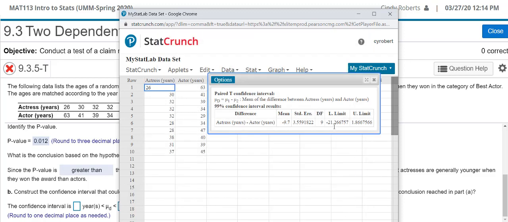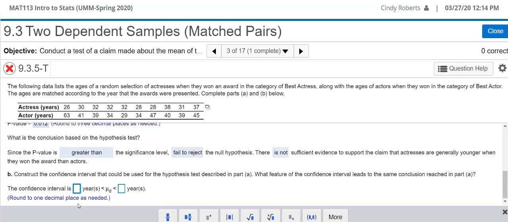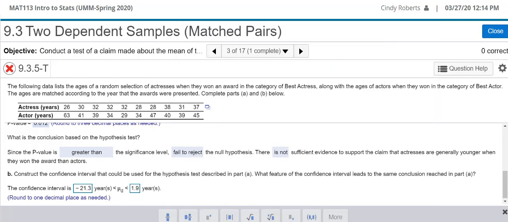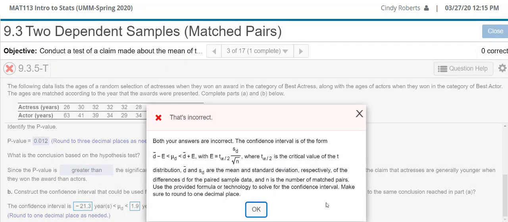So I compute and I get negative 21.3 and 1.9. Let me put this back over here so you can see where I got those numbers, the lower limit and the upper limit. Say a small prayer, and you get it wrong.